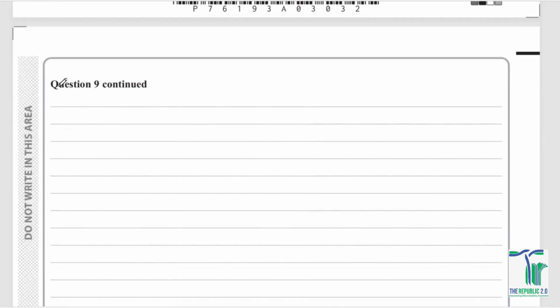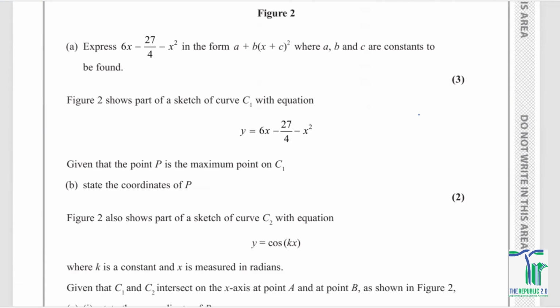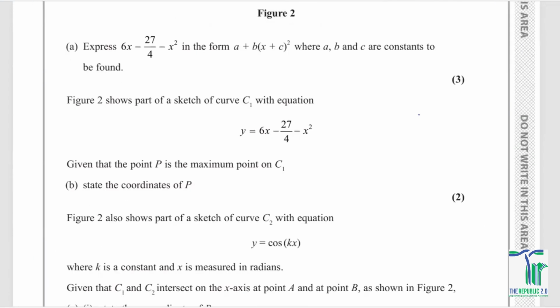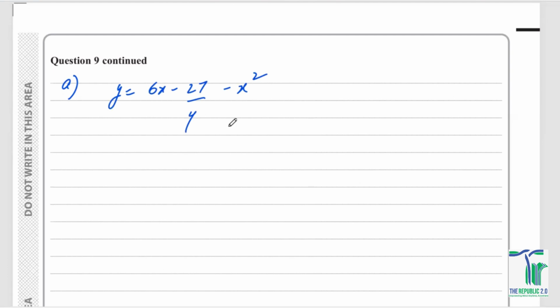So for the first part, I've got y is equal to 6x minus 27 upon 4 minus x square, if I'm not wrong. Okay, I've got this expression. Now I'm just going to write it in completing square form.